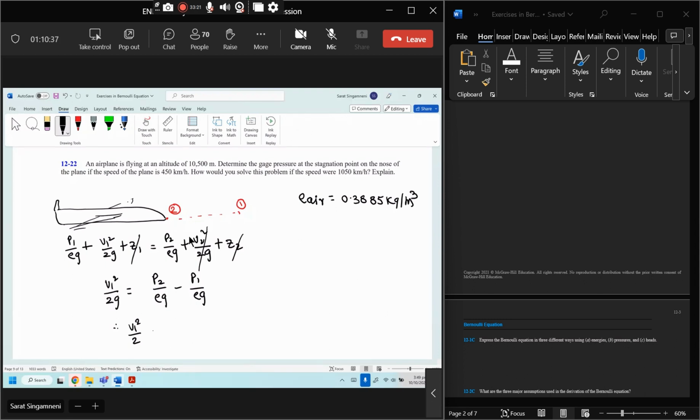V1 squared over 2 is equal to P2 minus P1 over rho.